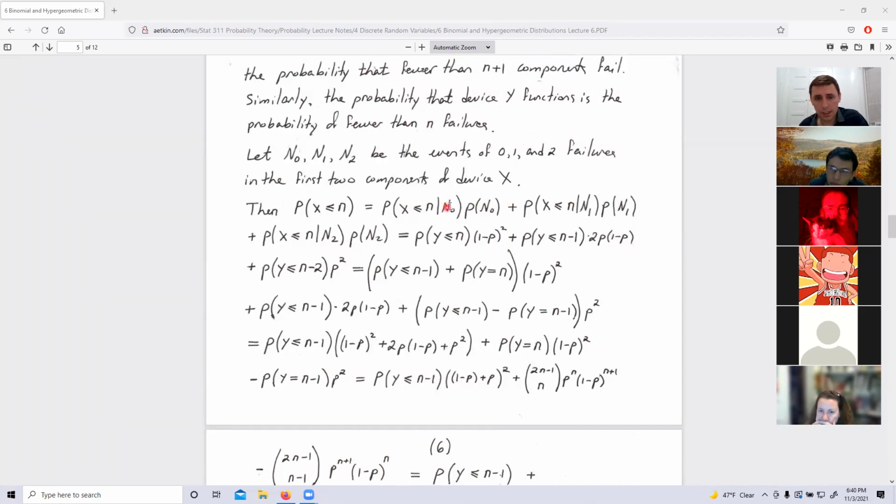Yeah, because here we have no failures. The remaining, now what is this? Once we know this information, we know the remaining ones. The remaining thing is just the Y parameter.